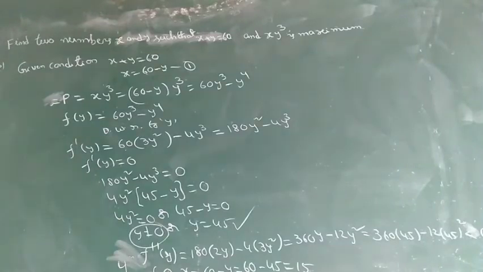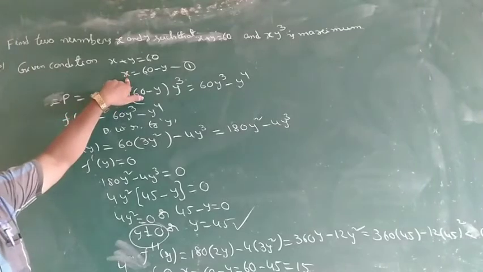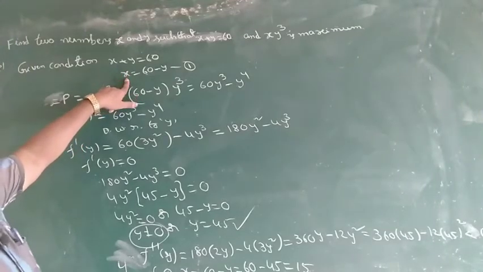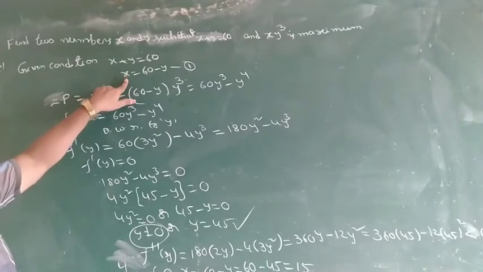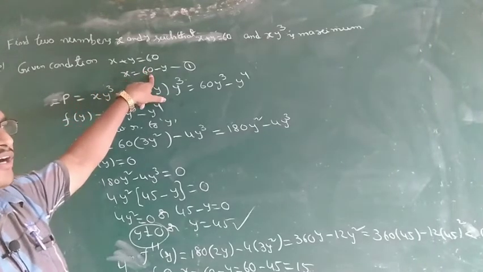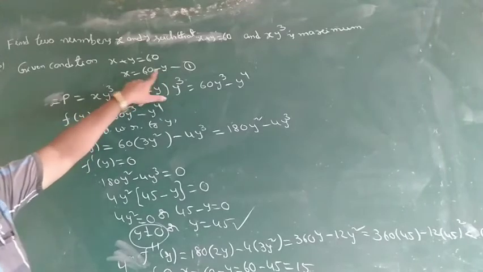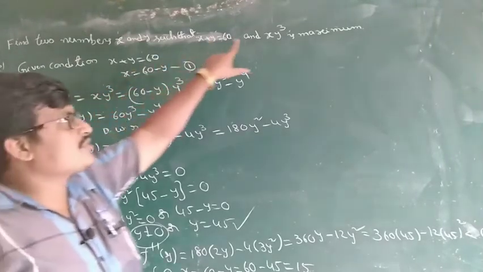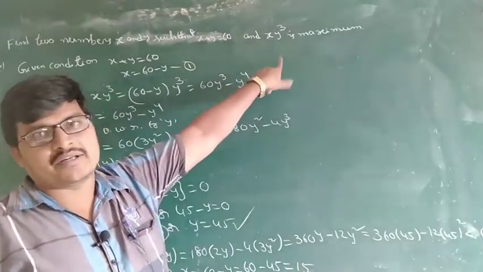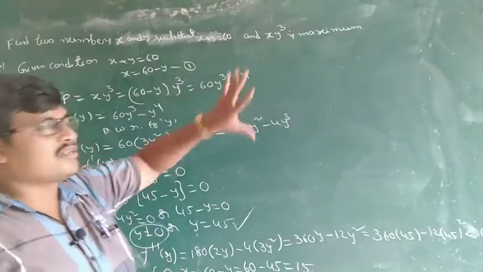This is the third problem, with only one difference. In the earlier problems we took y in terms of x, but here we take x in terms of y, because it is easy to solve and easy to calculate. This is the short, easy method.